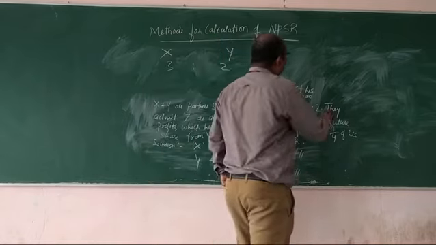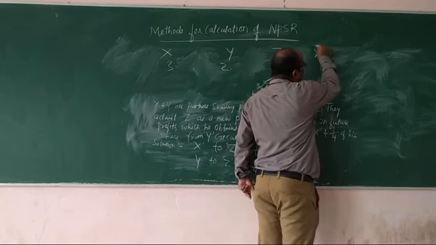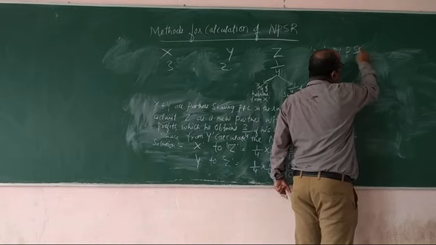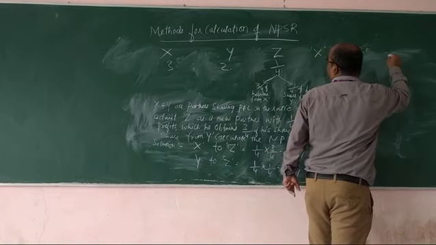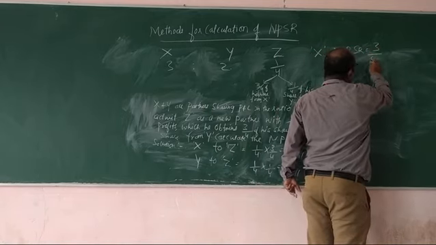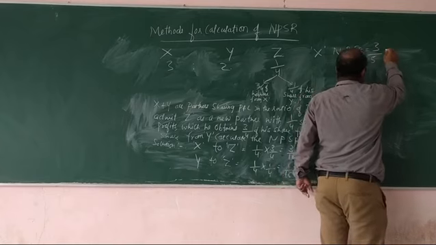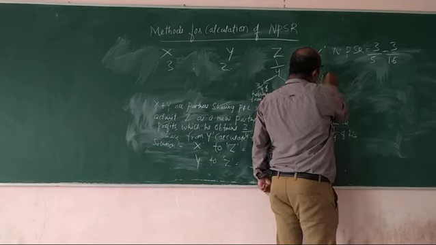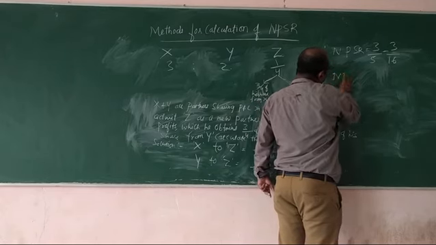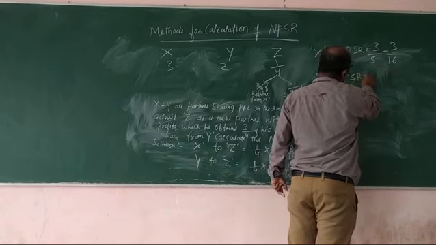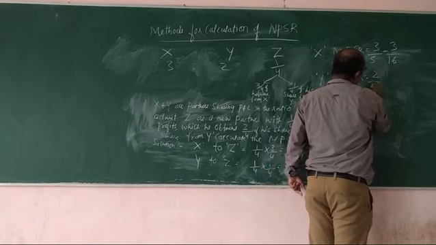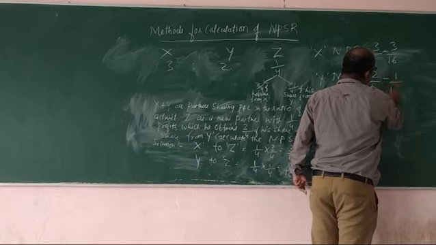So X's new profit sharing ratio equals the old ratio, which was 3/5, minus 3/16, and Y's new profit sharing ratio equals the old ratio, which was 2/5, minus 1/16.